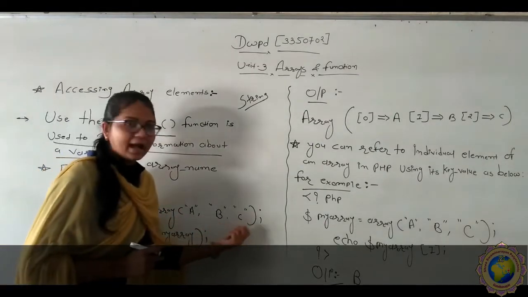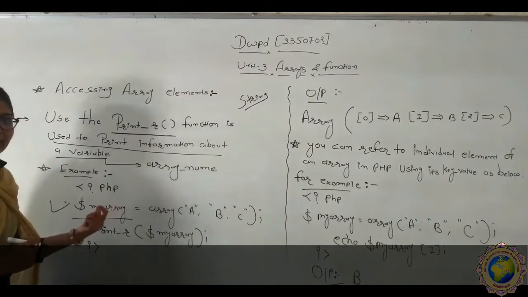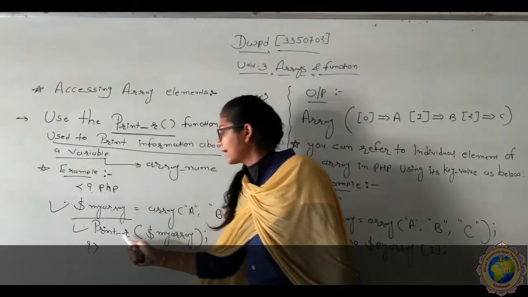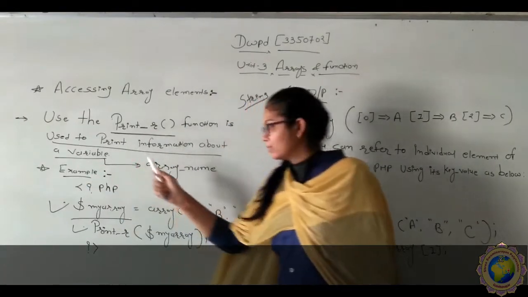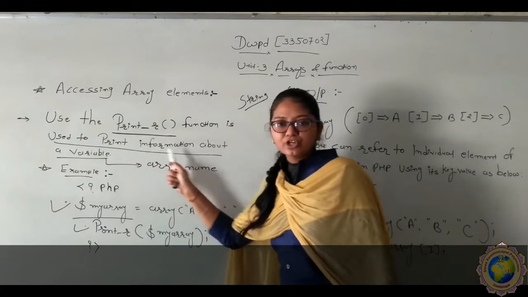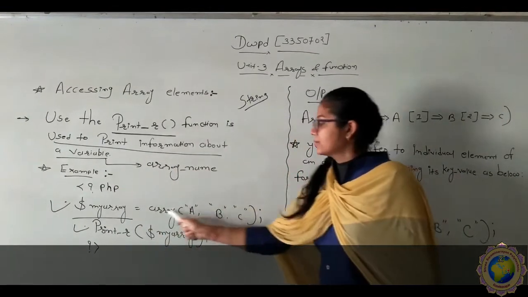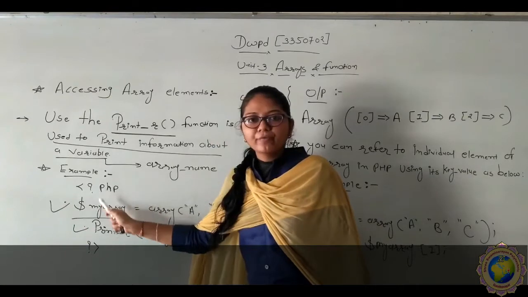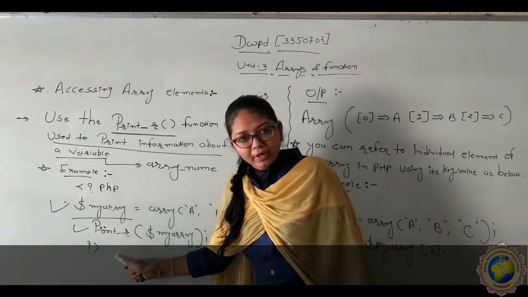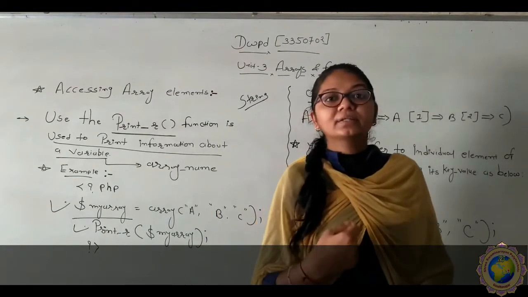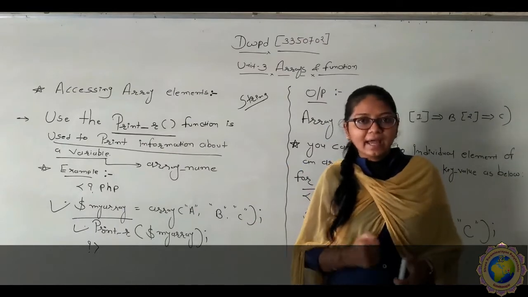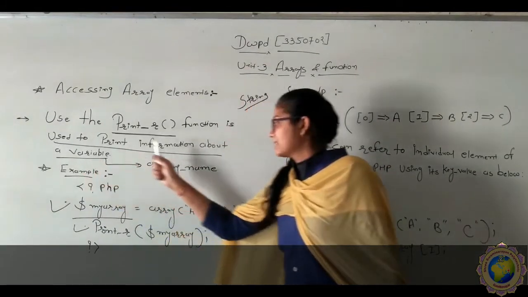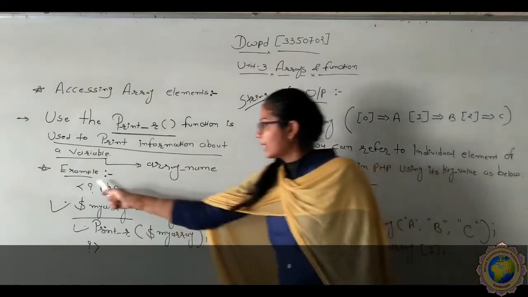Here A, B and C are the values of our array, and then we use the print_r function to print information about the variable, initializing $myArray. This myArray is our array name. Why do we use the print_r function? It is used to print the information about a variable as well as an array, at runtime. Then what is the output?